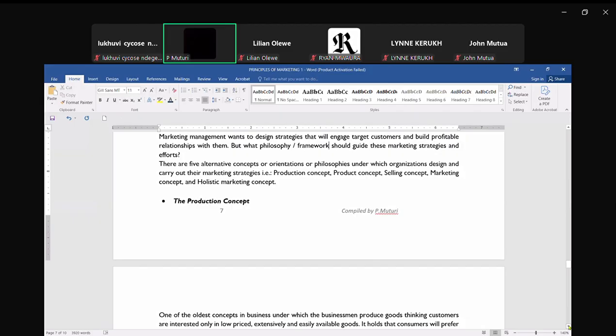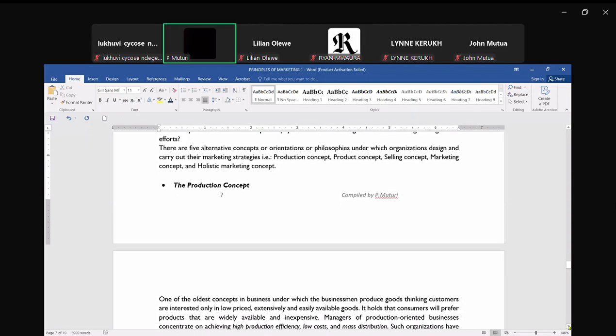Marketing was largely seen as part of economics, but somewhere in the 1950s, in that industrial era, marketing started coming out as a key discipline area out of economics. So these philosophies or orientations of marketing also spell out how marketing has been evolving over the years.